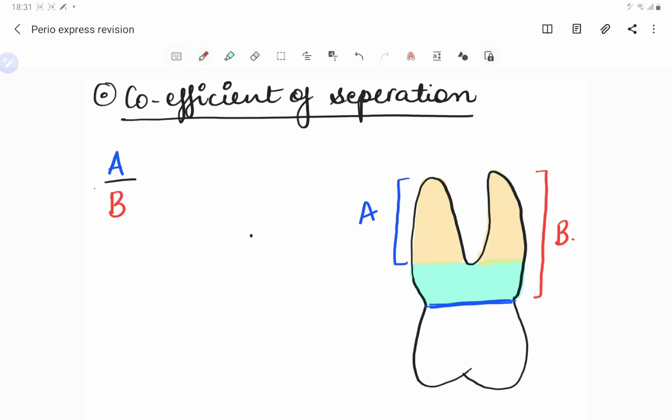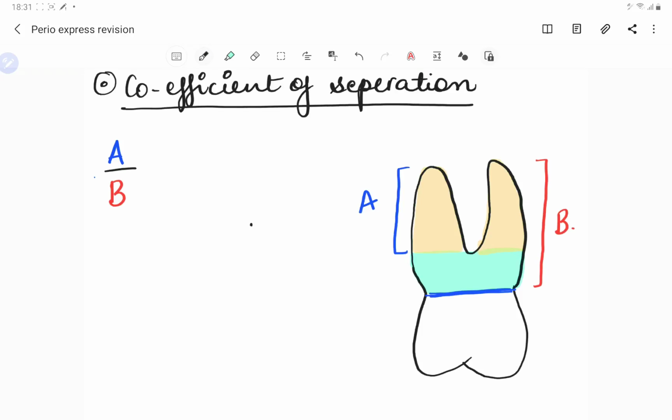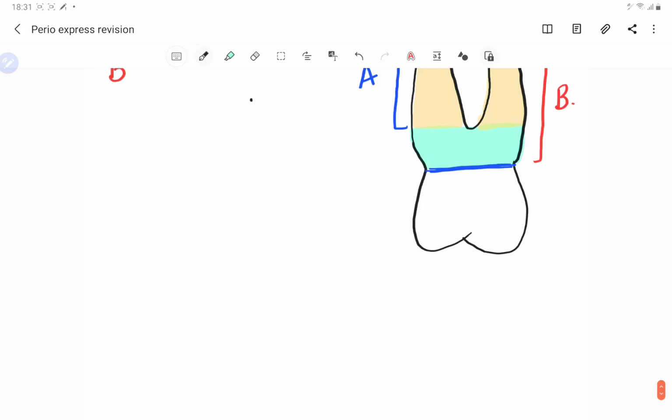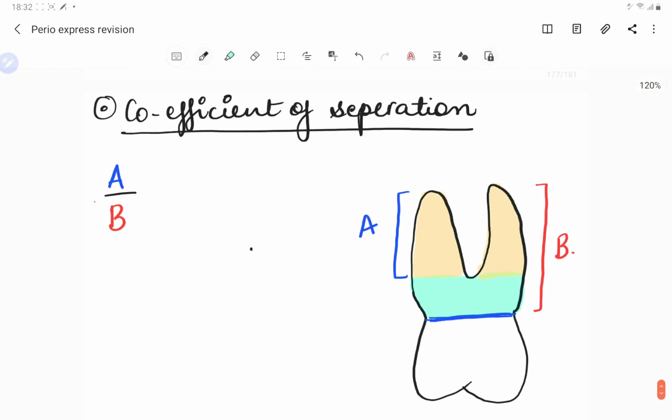Basically it tells us about the length of the root trunk, because we are dividing the root cone by the whole complex.